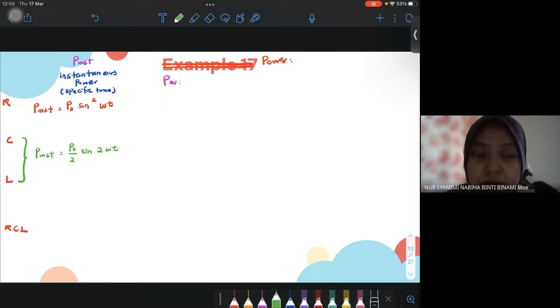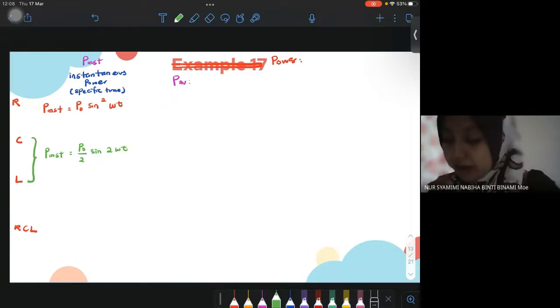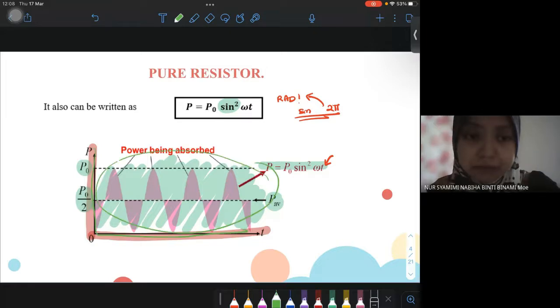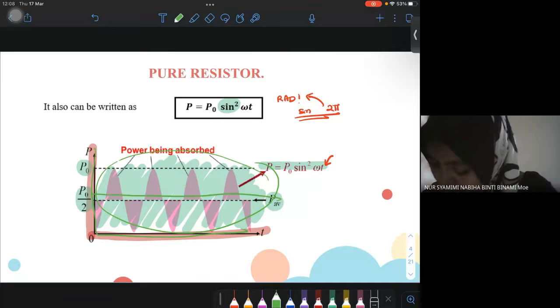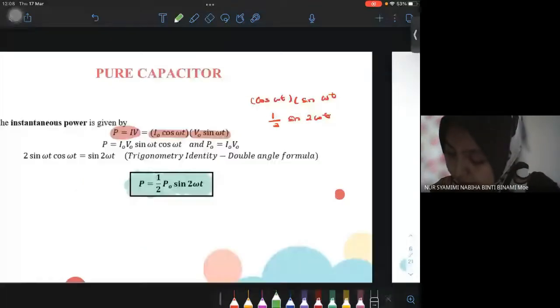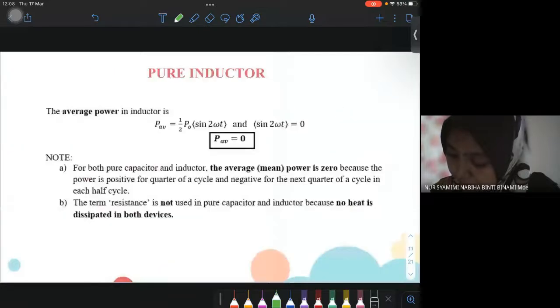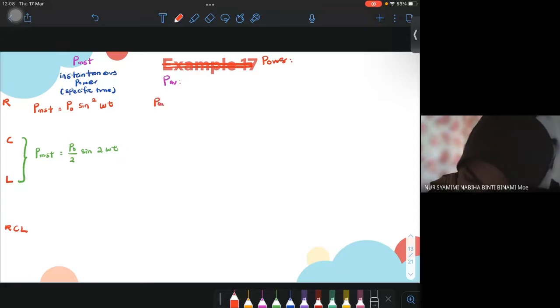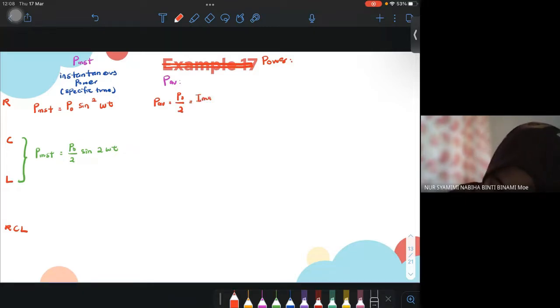Okay. So for P average for a pure resistor, because the graph is entirely positive, above the axis, it has a value of average, but the average is here. So the average power is P average equals maximum divided by 2, or in terms of I RMS and V RMS.